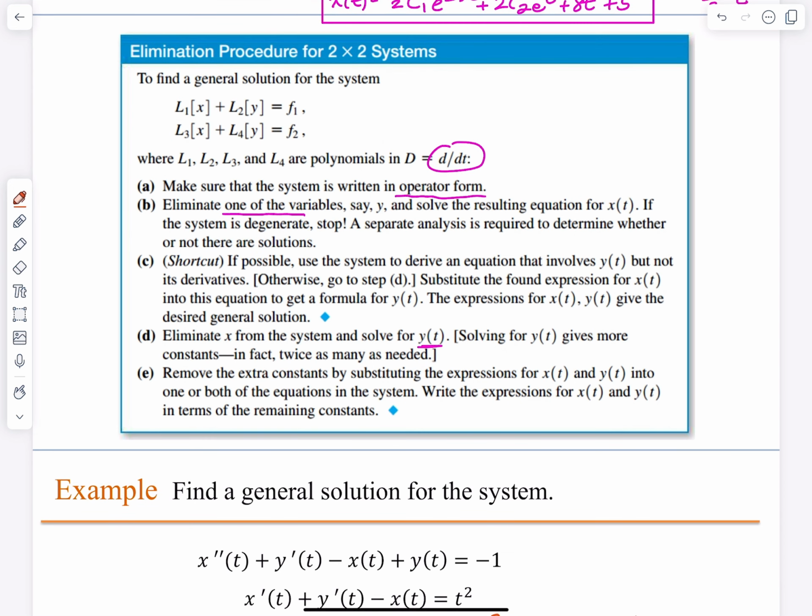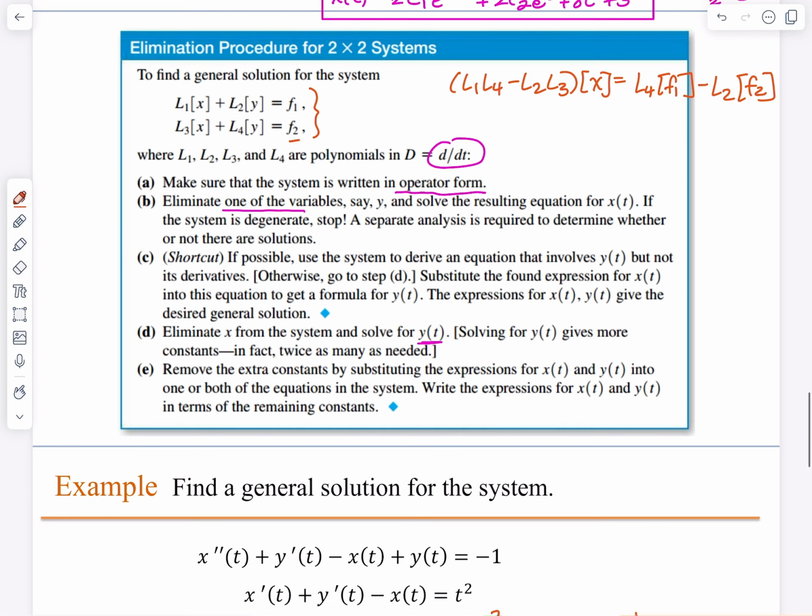So here we are going to write that (L1 L4 minus L2 L3) of x is going to be equal to L4 of F1 minus L2 of F2. Okay?